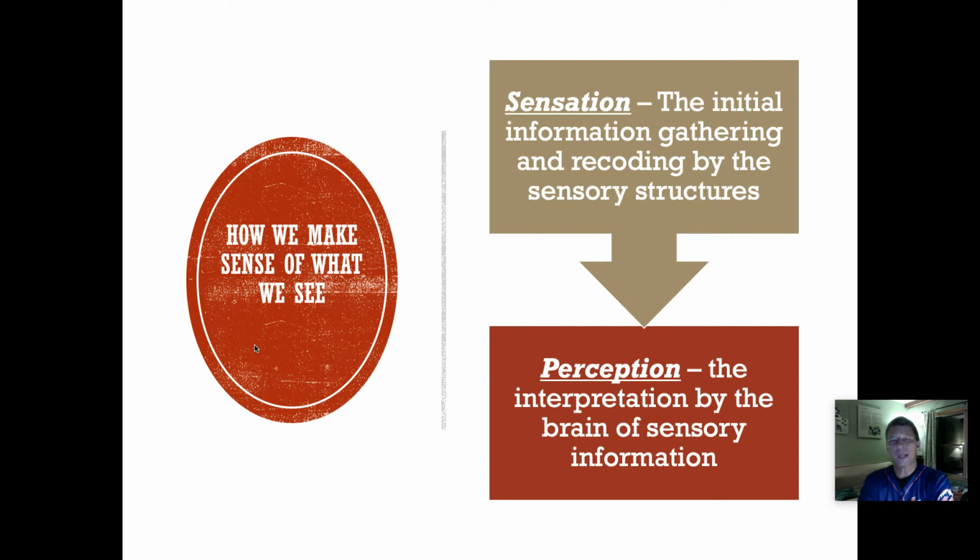So, what exactly are sensation and perception? Sensation, as you can see by the definition here, is the initial information gathering and recoding by the sensory structures. What that means is as light enters the eye, it is gathered by the retina. We talked a little bit about how that occurs.